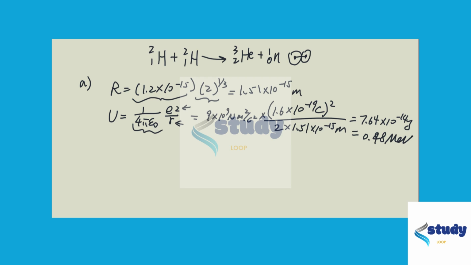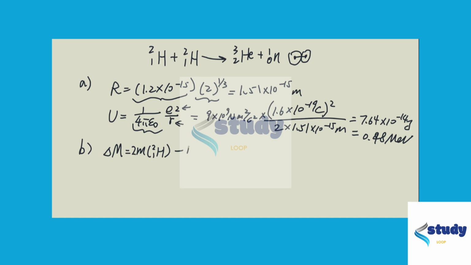And then we can look at part B. Part B wants us to look at the energy liberated in this reaction in MeV and then in joules. So in this case, we need to calculate the change of mass.